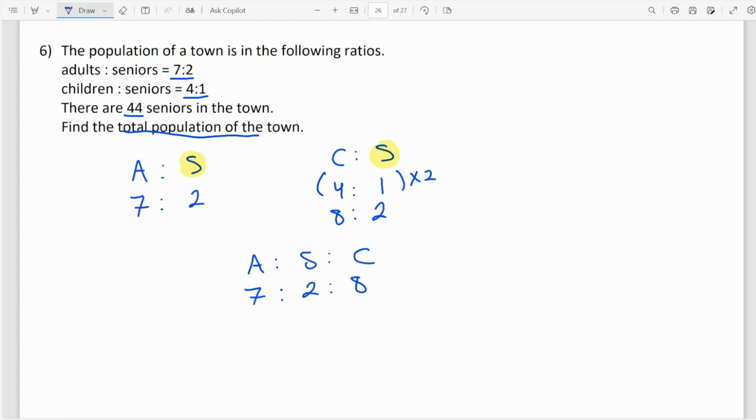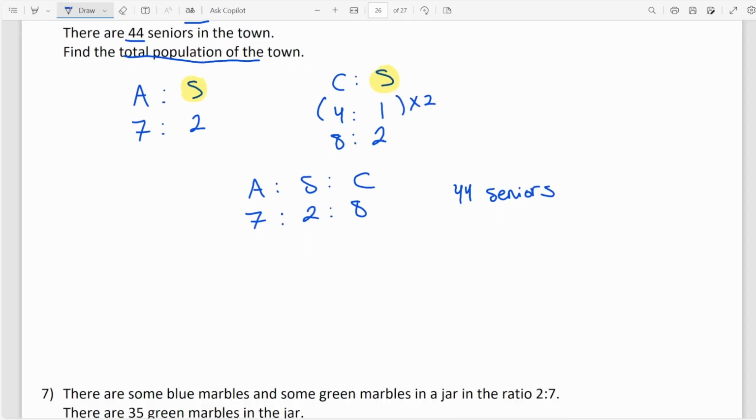Now we know that there are 44 seniors. And the question is asking for the total population. If we do have 44 seniors and it's represented by 2 parts, I can just divide. So I will divide 44 by 2, and we get 22. So this is the population per part, okay, per 1 part.